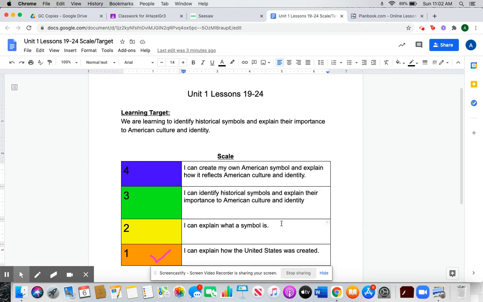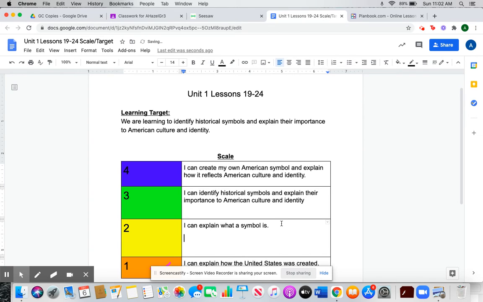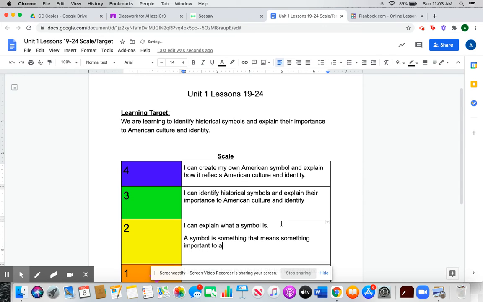All right, so if you're back, then that means you've thought about what a symbol is. And I'm going to tell us that a symbol is something that means something important to a person or a group of people.